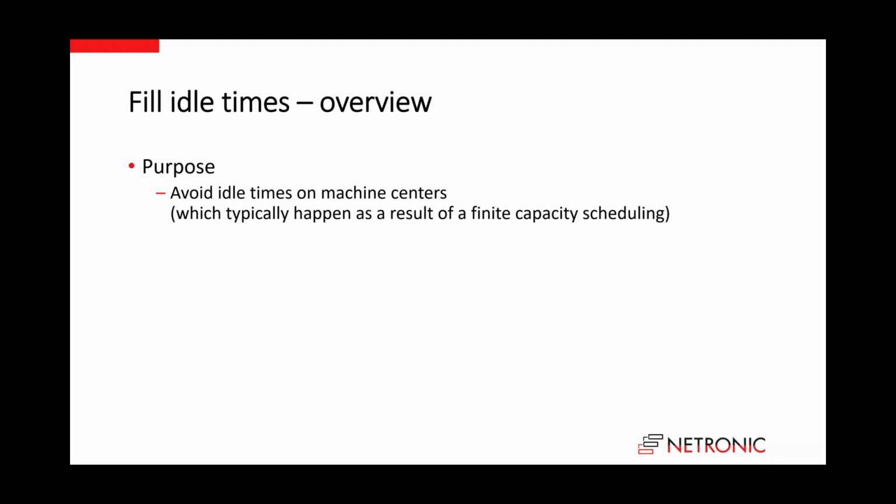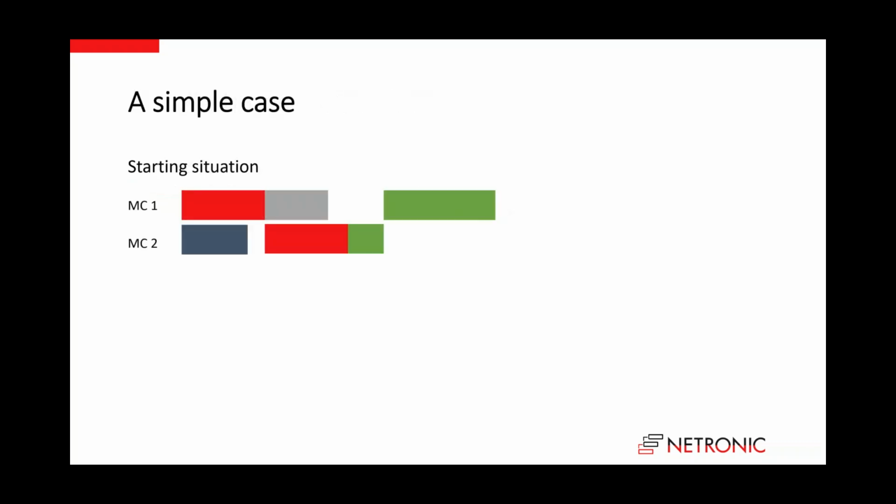Idle times on machine centers are a natural result of working with a finite capacity scheduler, and the VAPS comes with a finite capacity scheduling mechanism. If you work with a product that gives you finite capacity scheduling, then as a natural result of this, you will come across idle times. Let's look at why this is actually the case.